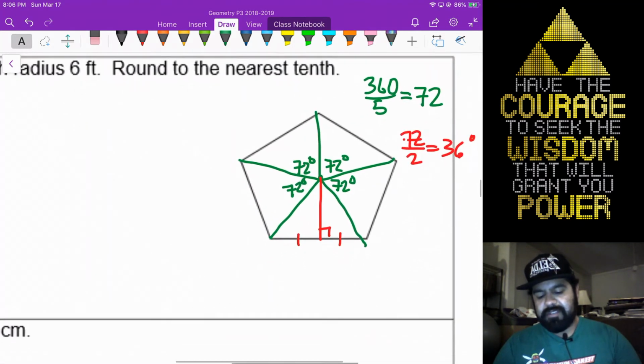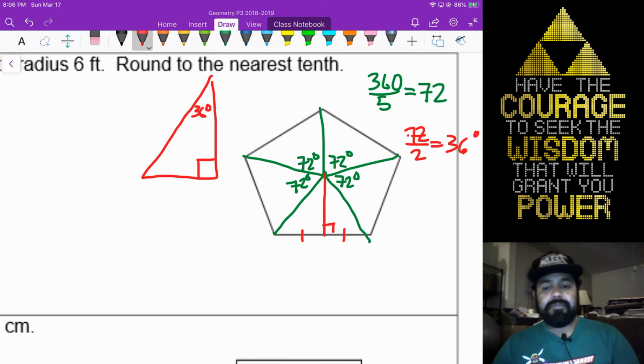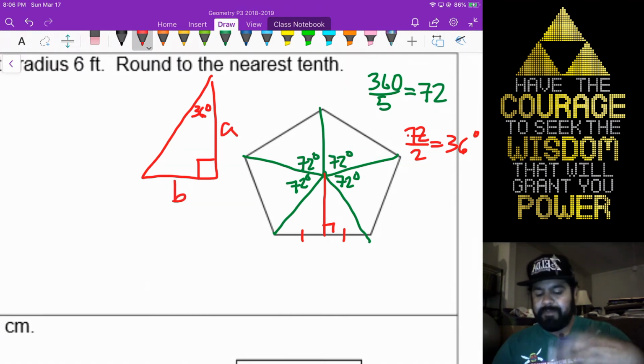Trig, trig, trig. Again, looking at one part of my triangle, got my 36 angle. My apothem is here, and I'm going to need part of my base. My radius was given to us, so that goes here.